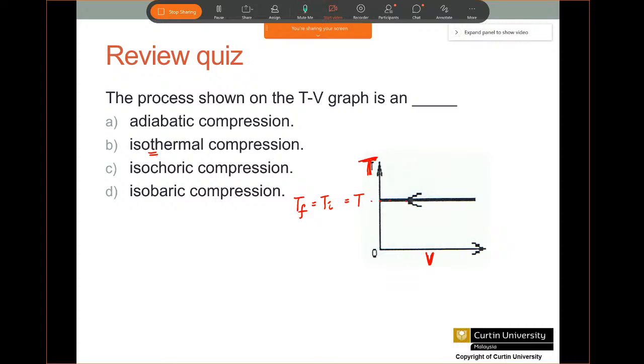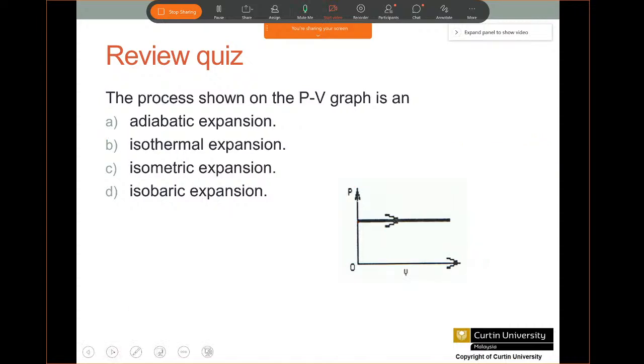So how do we know whether it is an expansion or compression? Look at the arrow. The arrow here means here is initial, here will be final. So if the volume is decreasing, then it will be compression. So it is isothermal compression. Answer is B. How about this?